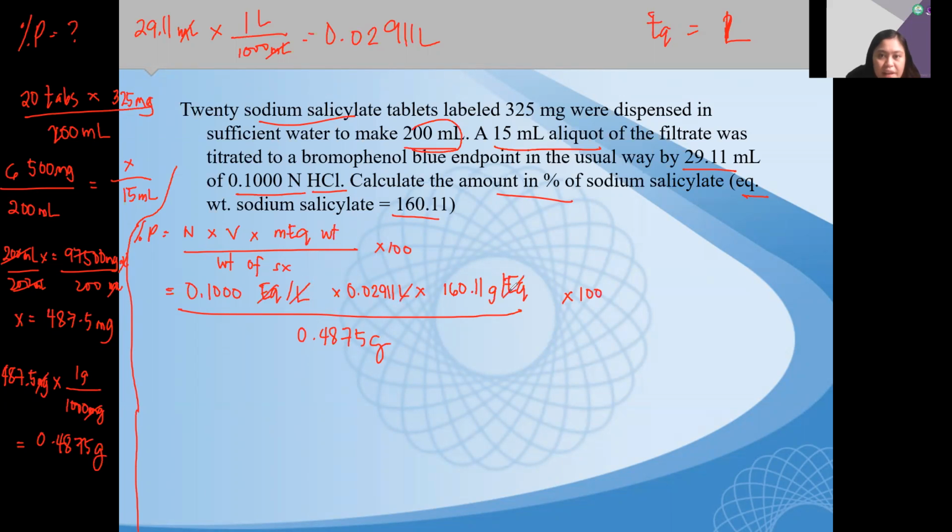Now we can cancel units and do the math. Liters, equivalent, and grams. So walang matitira dyan. Now 0.1 times 0.02911 times 160.11 is 0.46608021 divided by 0.4875 times 100.